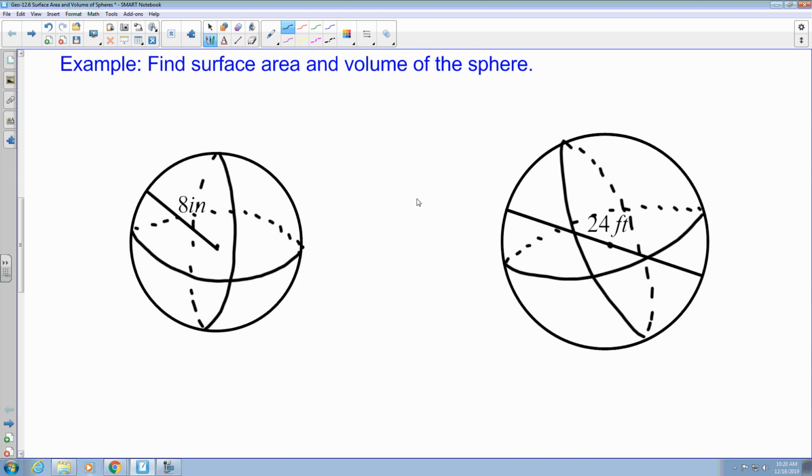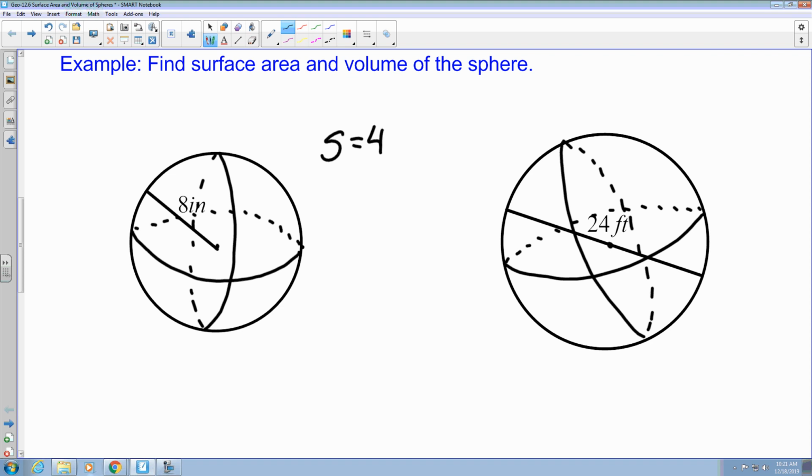So here, in this instance, we have a sphere where they want us to find the surface area and the volume. So first off, surface area, they give us the radius, which is great. So we're just going to plug it in.